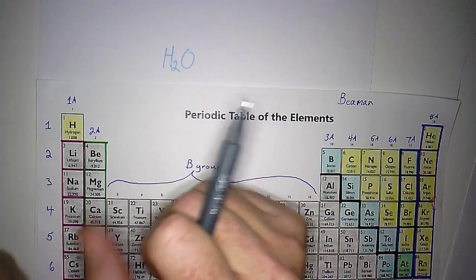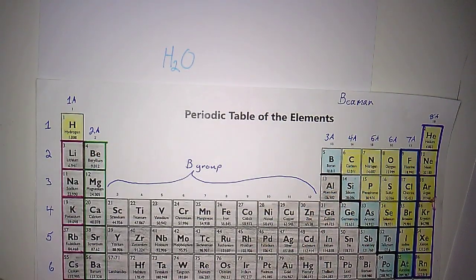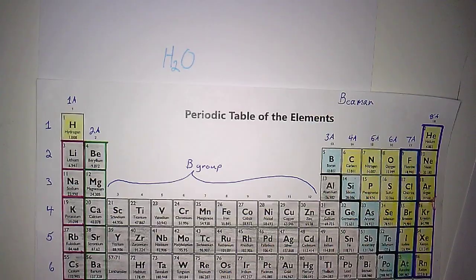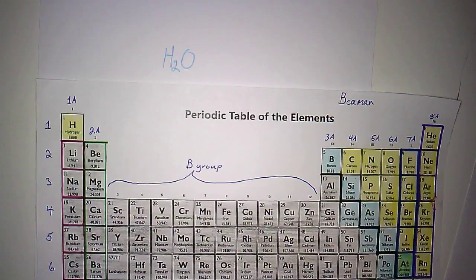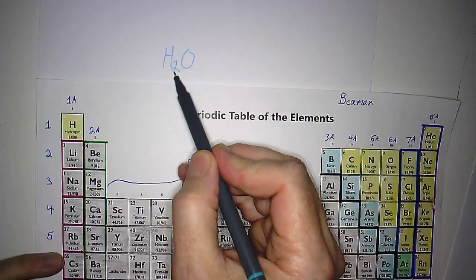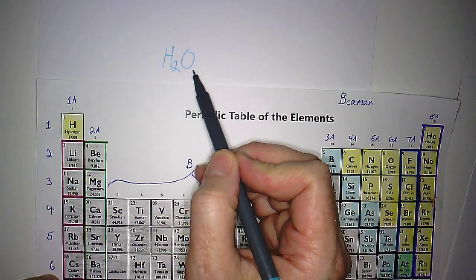The problem is that atoms are so incredibly small, submicroscopic, too tiny to even comprehend. We can't pick out two atoms of hydrogen and one atom of oxygen and put them together.